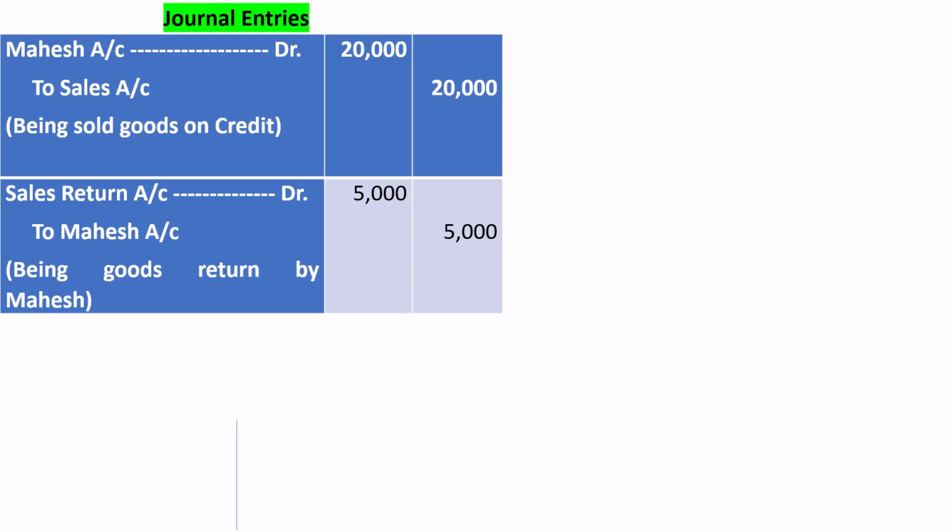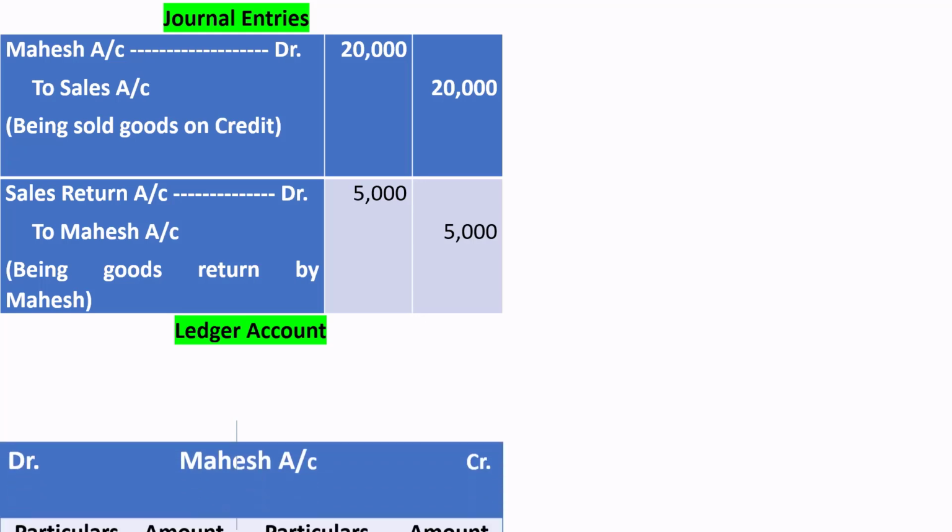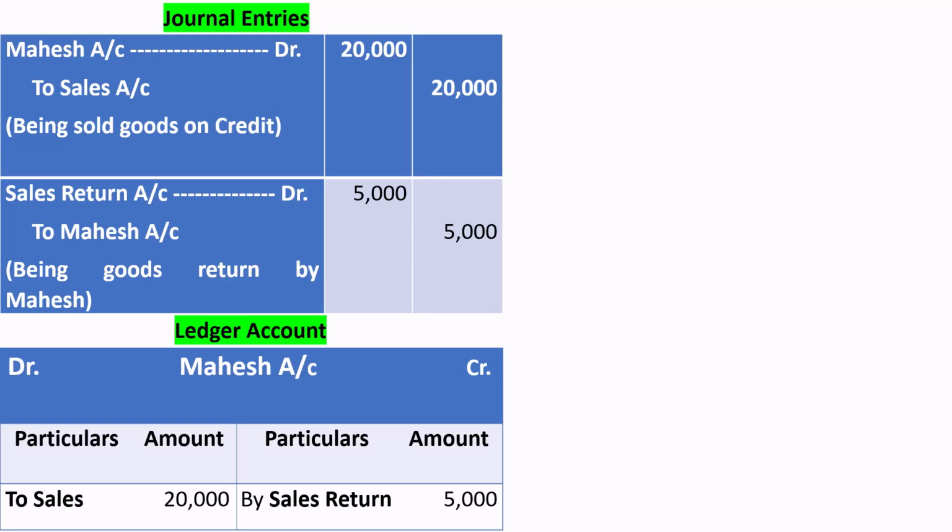Now we will see how to make the ledger posting of these two entries. When we sell goods to Mr. Mahesh, it is recorded on the debit side of the Mahesh account, to sales 20,000 rupees. After he returns goods of rupees 5,000, the ledger posting is on the credit side of the Mahesh account, by sales return.